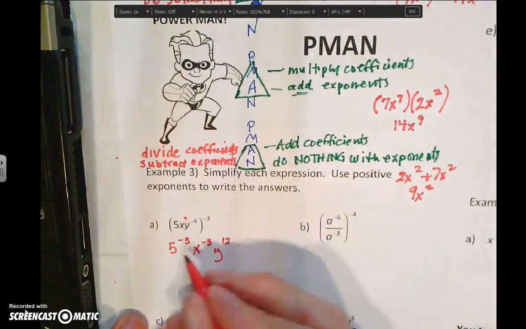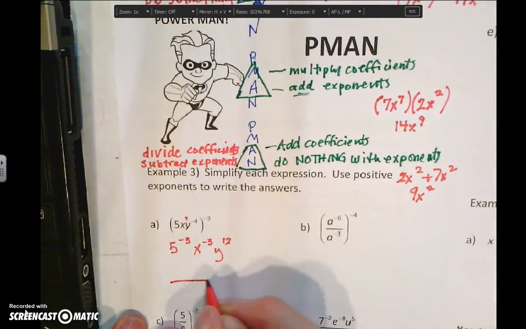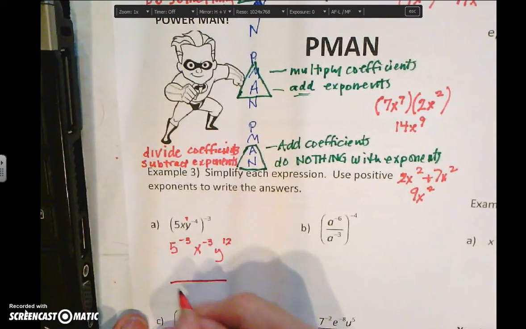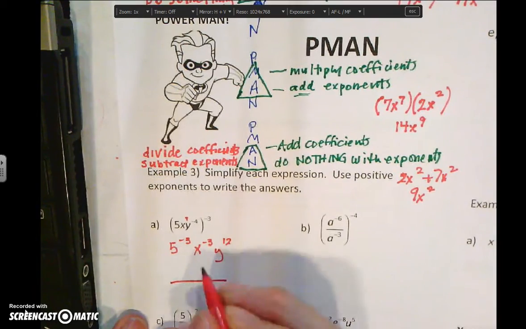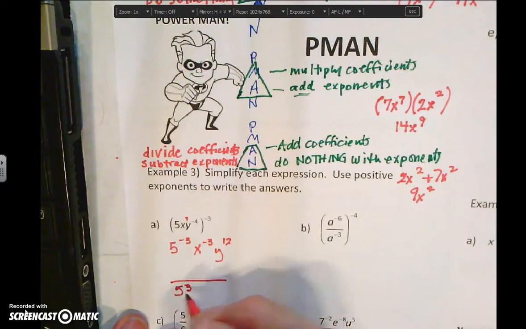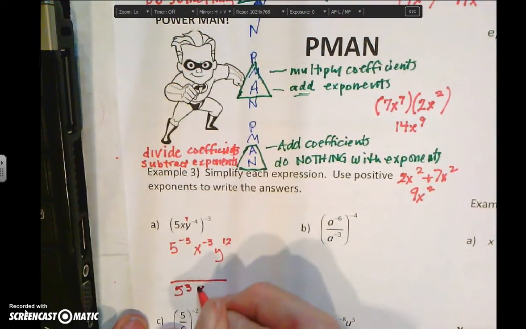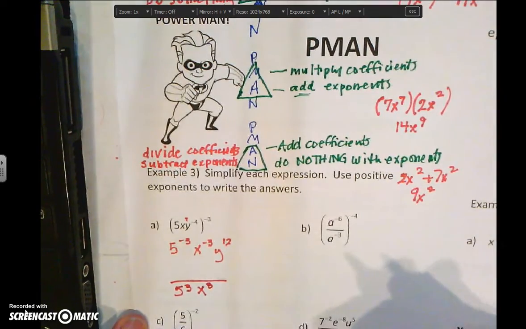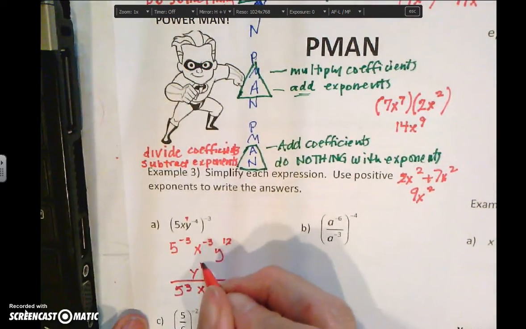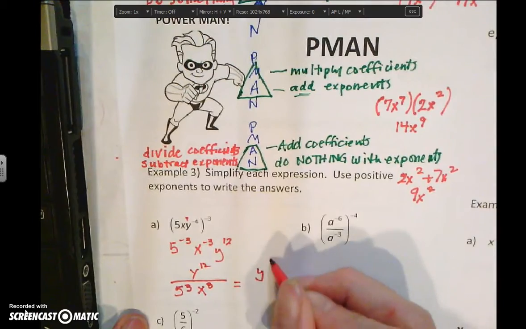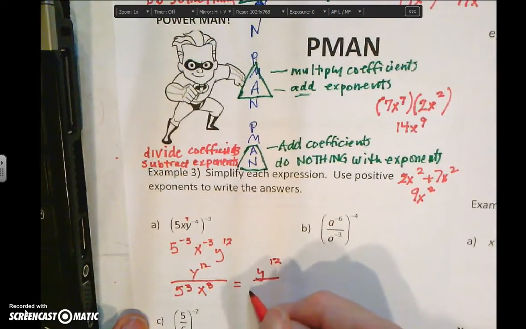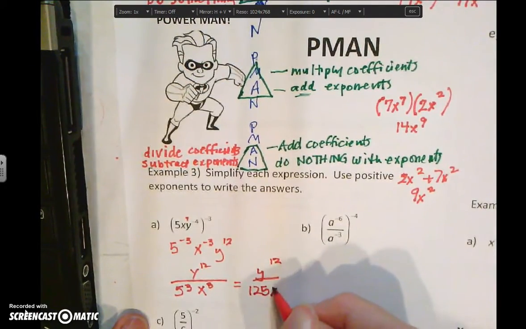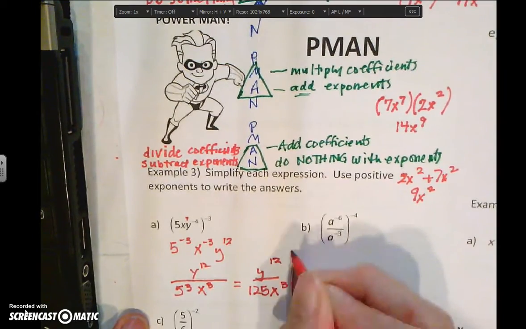Then simplify this. I've got some negative exponents which I can't leave in it. So I'm going to drop the 5 to the negative third to the denominator, and it becomes 5 to the third. X is also going to drop to become a positive exponent of 3, and the 12 stays where it is. So I end up with y to the 12th over 125 x to the third.